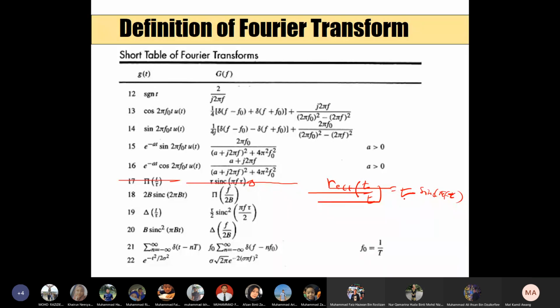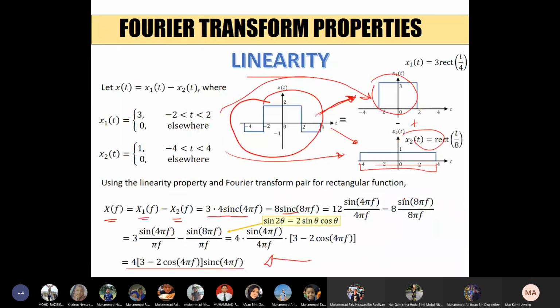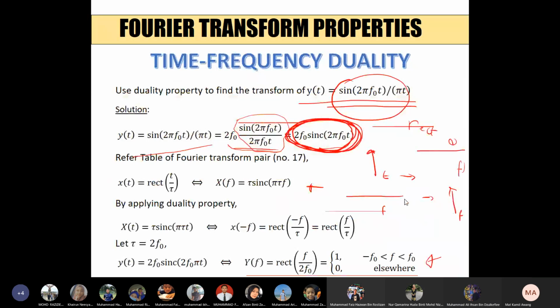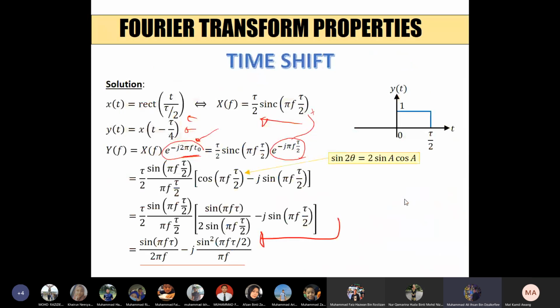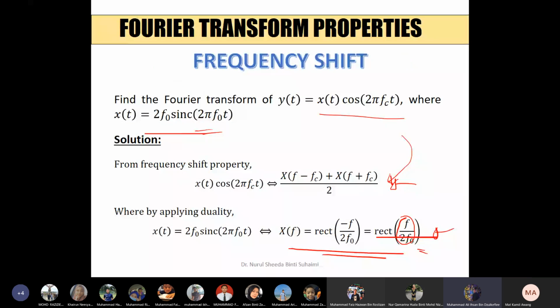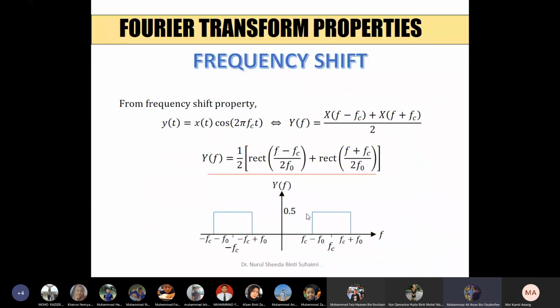So you take this, transform, because this part, f naught tau, is tau, not that, the transform just now. Okay, frequency shift, continue.